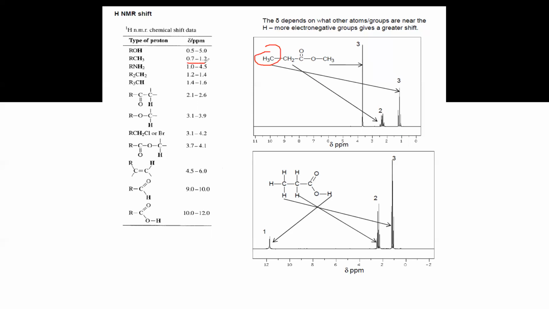CH3 is from 0.7 to 1.2. Then for this CH2, with the C double bonded to O, it is from 2.1 to 2.6. And this CH3 is from 3.7 to 4.1. According to the data booklet, you have to use this chemical shift.